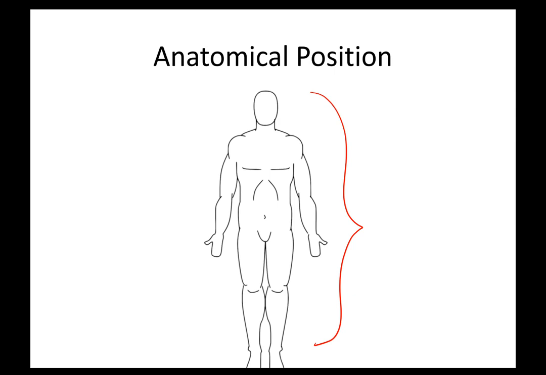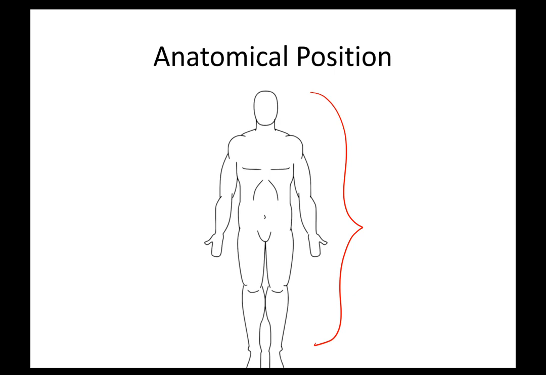Now you might go, okay, so what's the deal with anatomical position? Why is that important? Well, you have to remember that sometimes when patients come in, they're on their side on a stretcher or they're on their stomach. Sometimes, depending on what the injury is, they can't get into a regular position. So, you describing to the doctor where something is might not be as easy as you think it is.